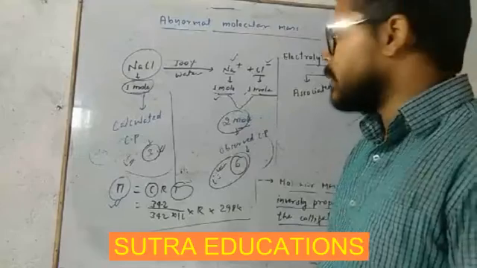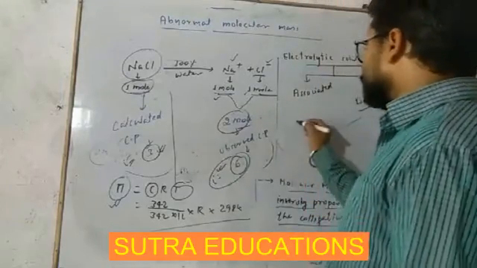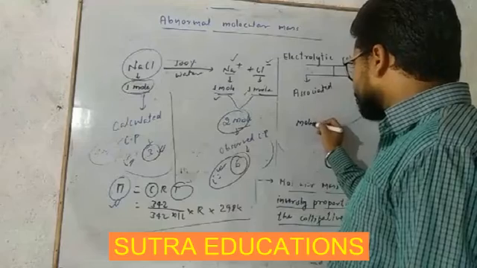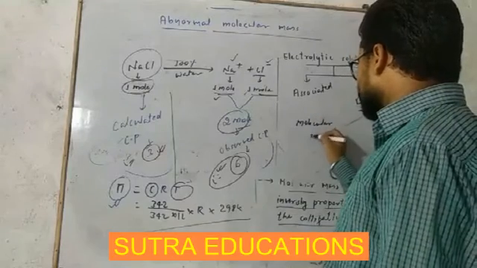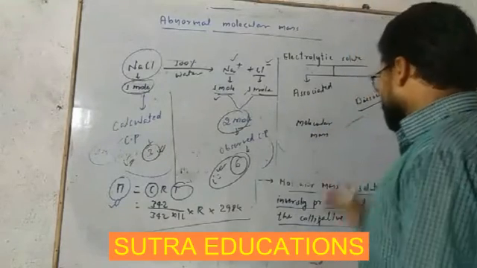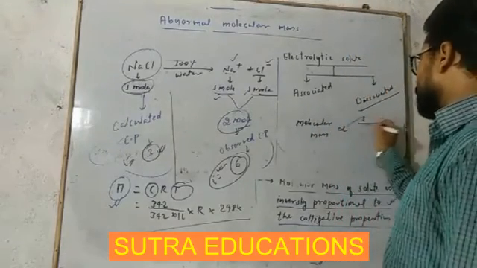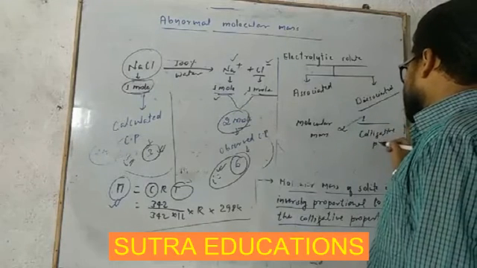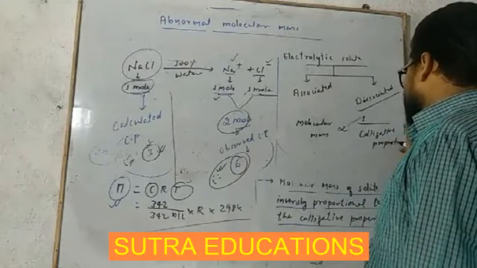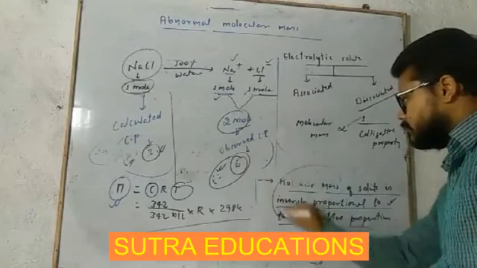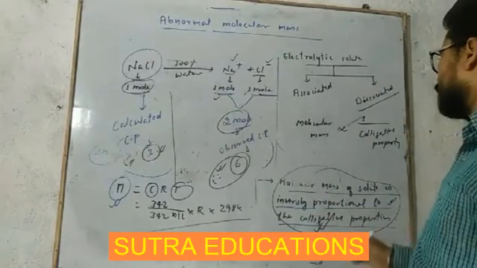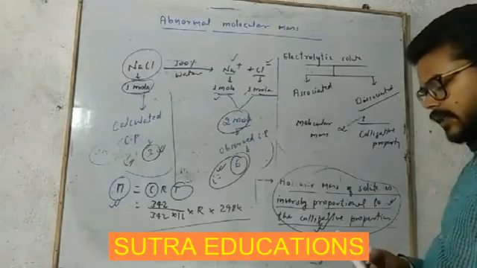And as we know, molecular mass is inversely proportional to the colligative property. Here we have discussed that molecular mass is inversely proportional to colligative property.